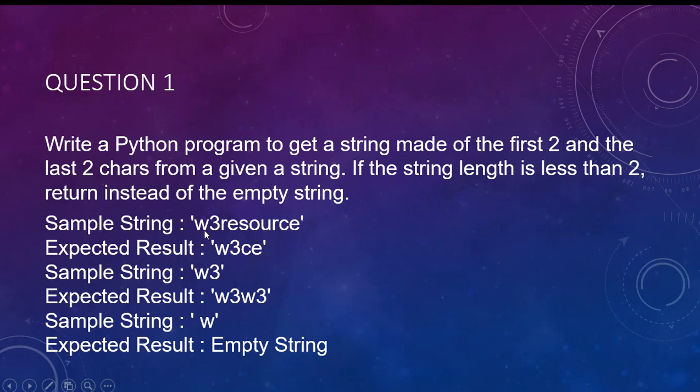Now, the expected output is the combination of first two characters and last two characters, right? And for example, if a string has only two characters, you have to return it repeated, and W3W3 will be the answer. And if we have only one character in a string, then we should return an empty string. Okay, so this is the case.